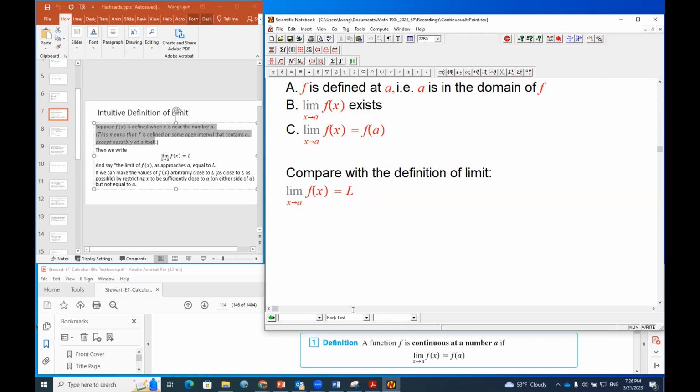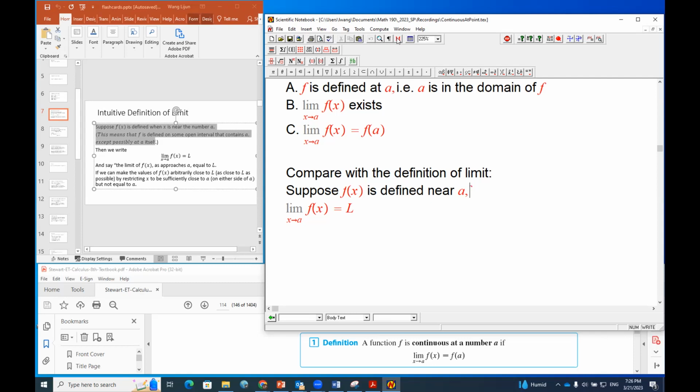And what do we need? We need that, suppose f of x is defined near A. What does it mean?